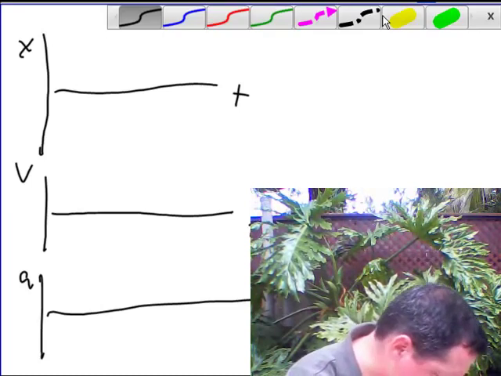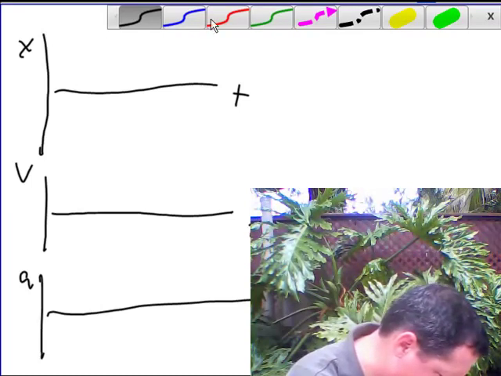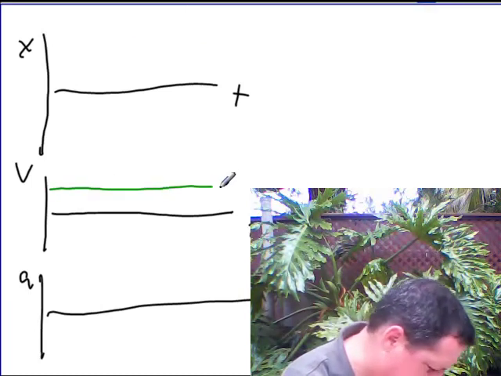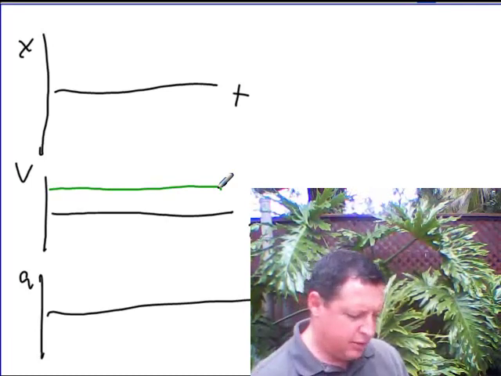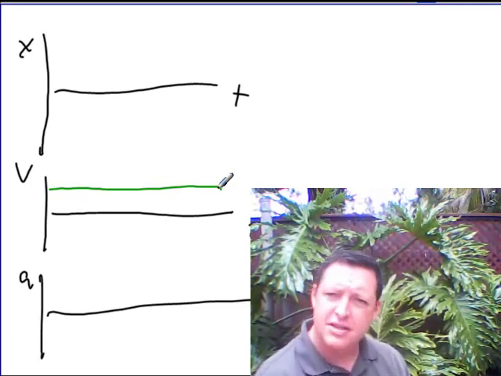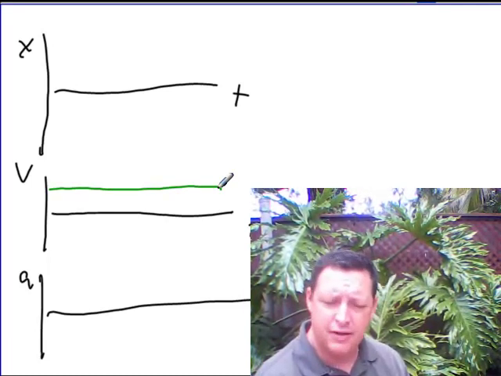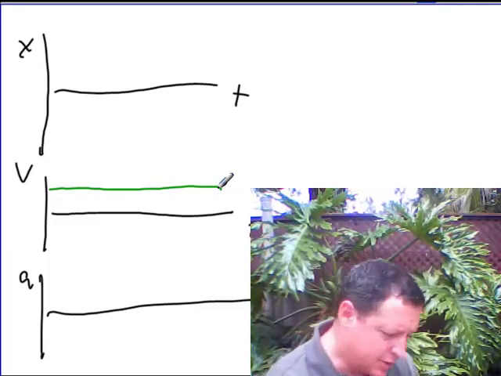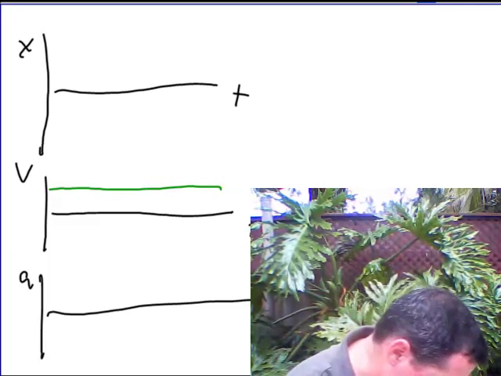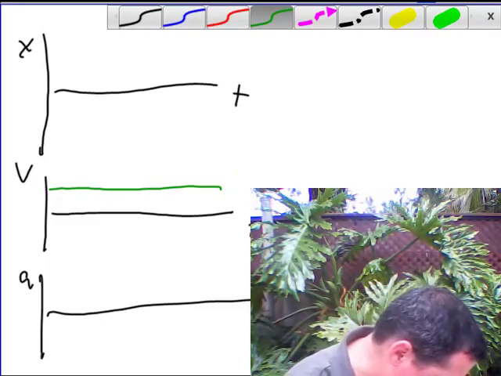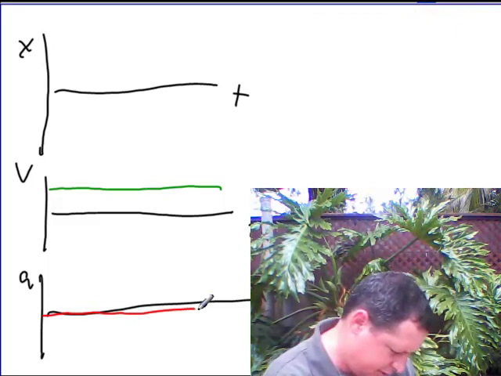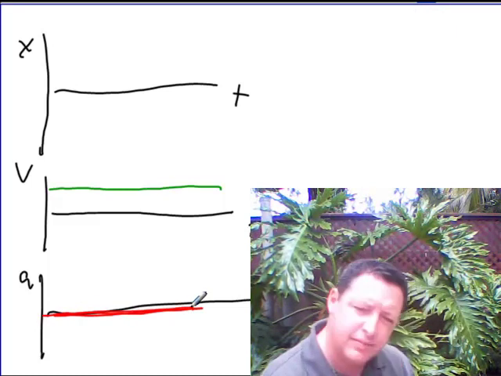And we're going to suppose that we have a constant velocity. Alright, well, acceleration is the slope of the velocity versus time graph. So the slope of this graph is still 0, it's constant, its derivative is 0. So as far as acceleration goes, acceleration is still going to be 0.